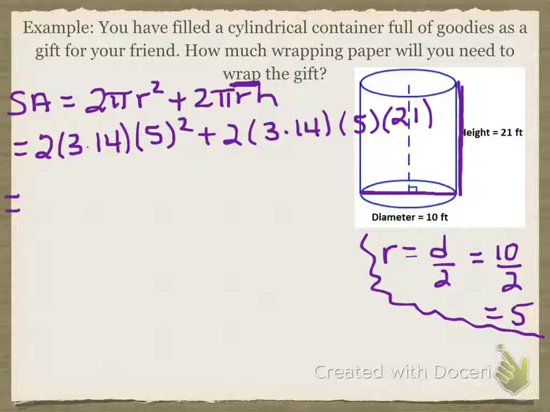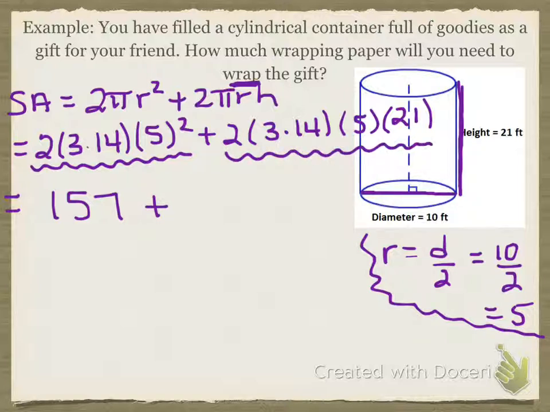Now I have to work out each part. So first I'm going to do the multiplication before the addition sign. So 5 squared times 3.14 times 2 gives me an answer of 157. And now I'm going to do the second lot of multiplication over here. So 2 times 3.14 times 5 times 21 gives me an answer of 659 and 4/10.